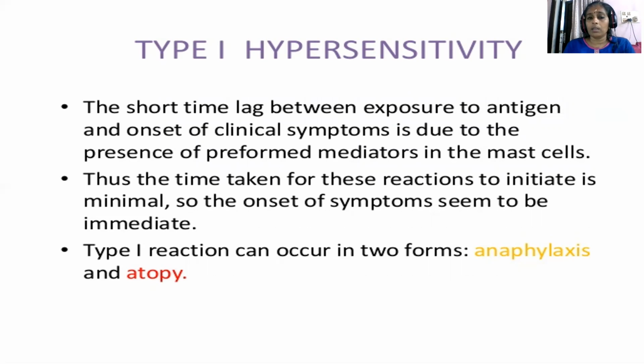In type 1 hypersensitivity, the lag is very short. That is, after exposure to an antigen, the clinical symptoms are exhibited within no time. This is based on the mediators produced by the mast cells. The antigen evokes an immune reaction by a mast cell present in our body.